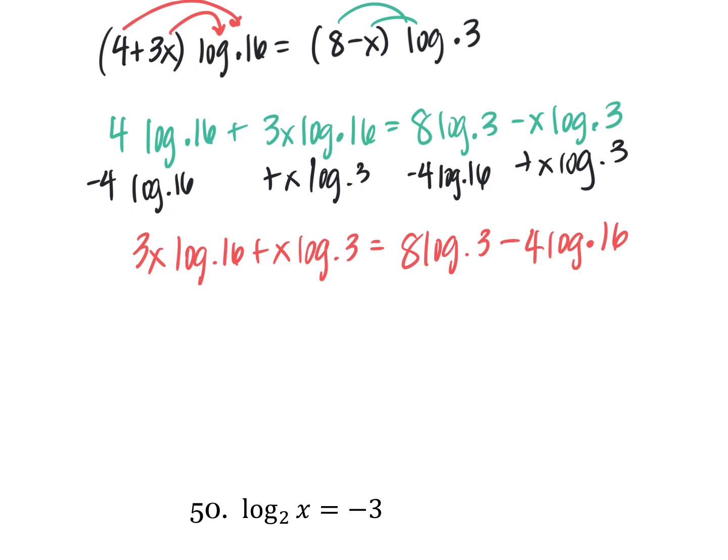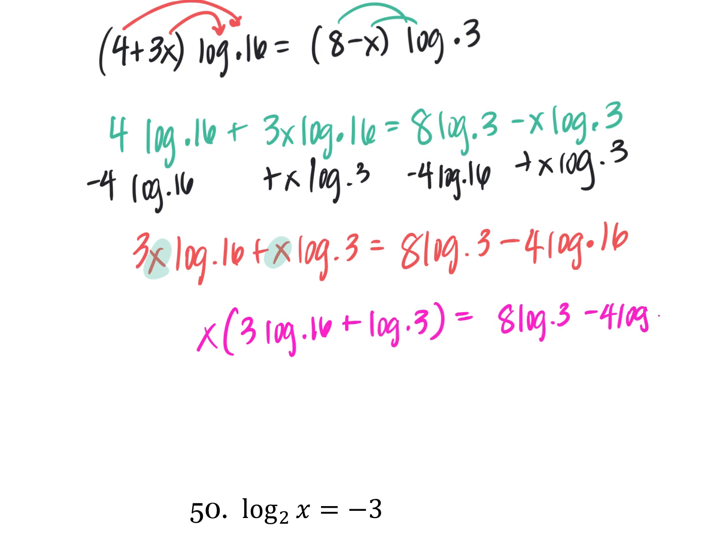Can you just combine them? I can't combine anything because these logs aren't the same, but what could I factor out? The X. Yeah, factor out an X. I've got left a 3 log of 0.16 and a log of 0.3. Then we just divide.